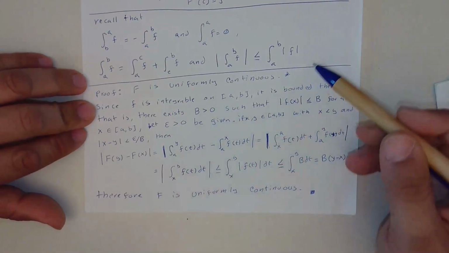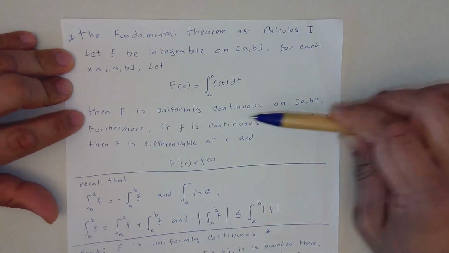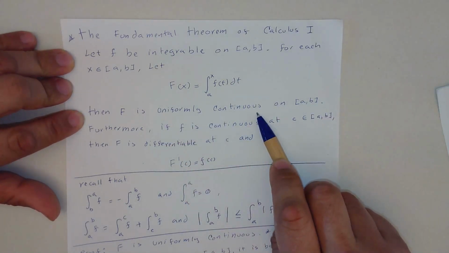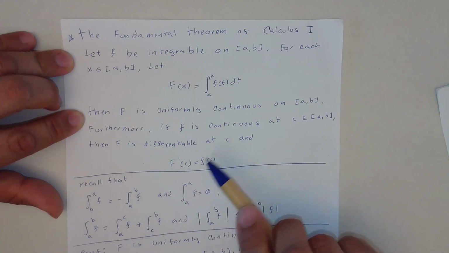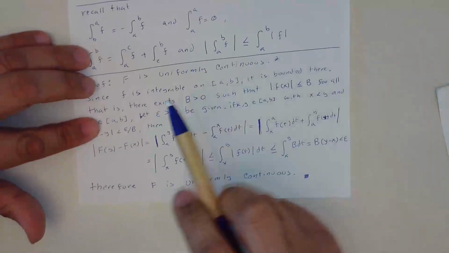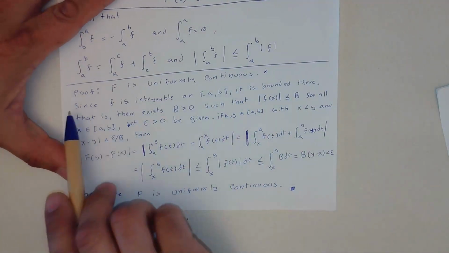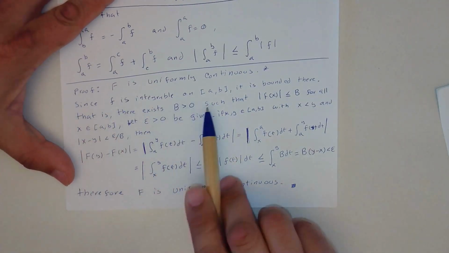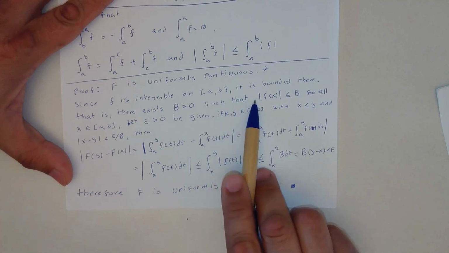So let's prove the first part. Remember that we have two things to prove. One is that F is uniformly continuous, right? And the other one is that F is differentiable at c, okay? So the first one, I think, is the easiest one. Since f is integrable in this closed interval, then it is bounded.